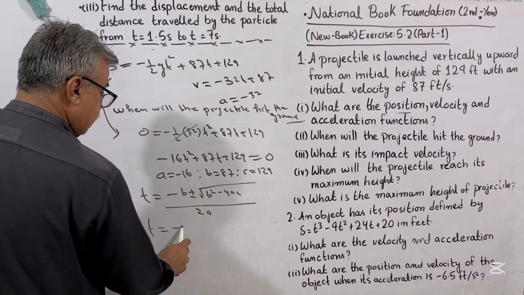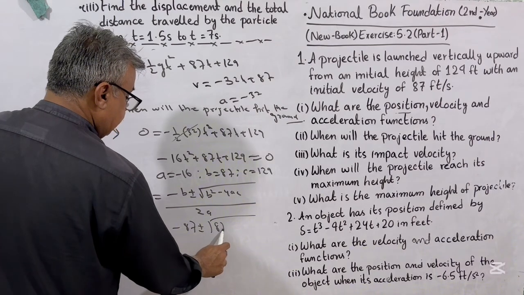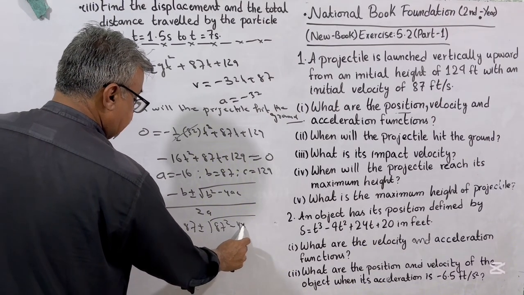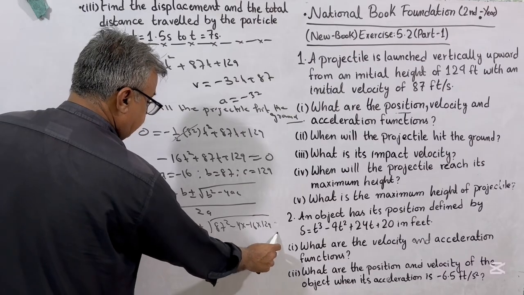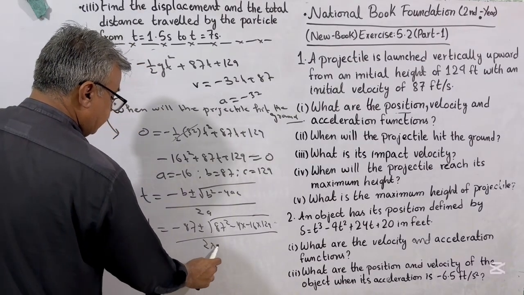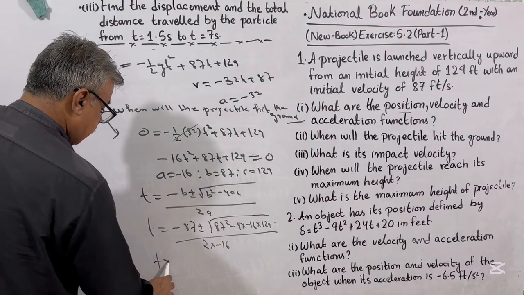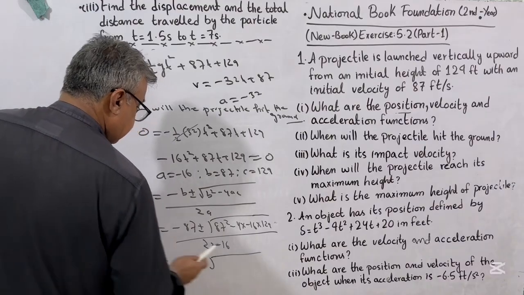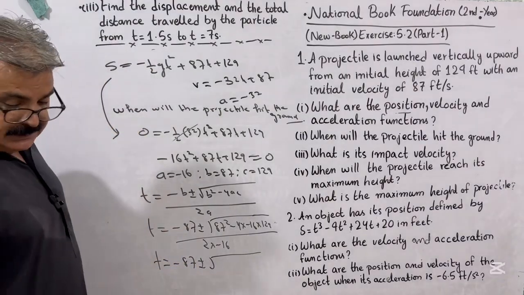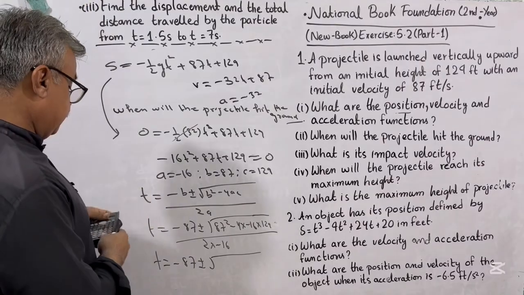Plug in the values: minus 87 plus or minus the square root of 87 squared minus 4 times minus 16 times 129, divided by 2 times minus 16. Calculator comes into play.